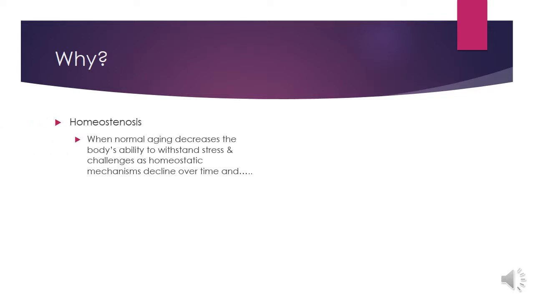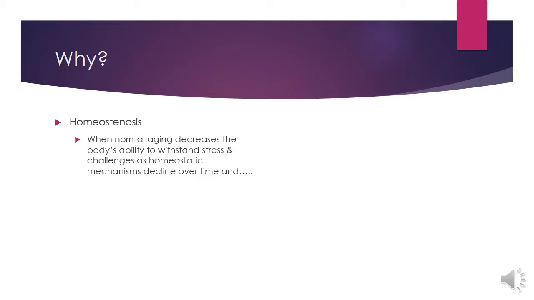So why do we see changes in the geriatric population? What causes them to be in a different state than what we are? Well, as we've discussed in most of our other classes, that's just a natural part of aging. There's a little thing called homeostasis.